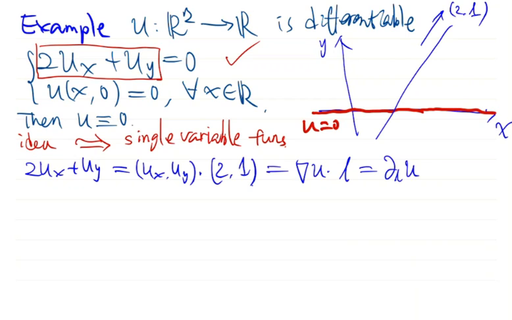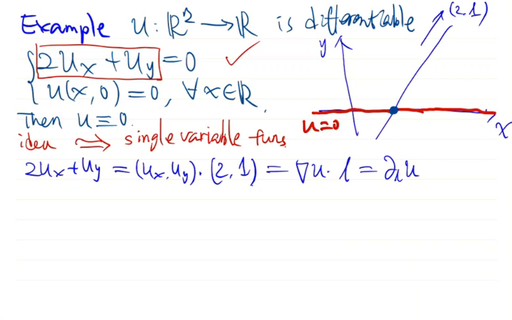Okay, therefore we consider the line which is direction (2, 1), because every such line has an intersection with the x-axis. Every such line has an intersection with the x-axis here.